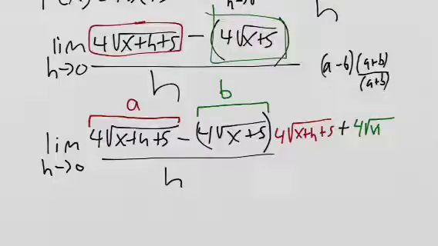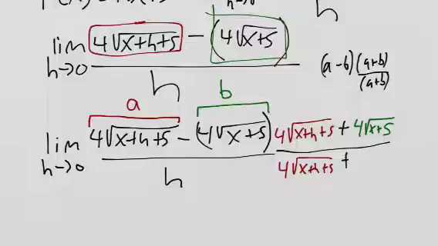Let me write that a little better. Okay, and then we have to do that on the bottom as well. So we have 4 root x plus h plus 5, and then we're adding 4 root x plus 5.